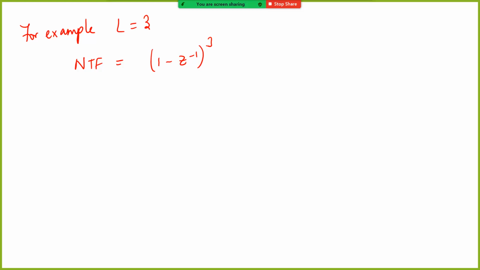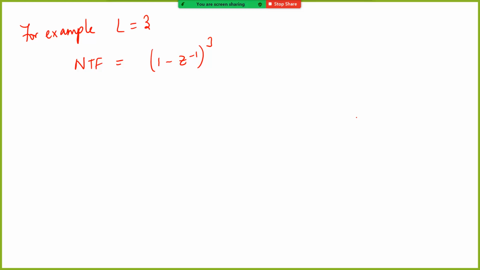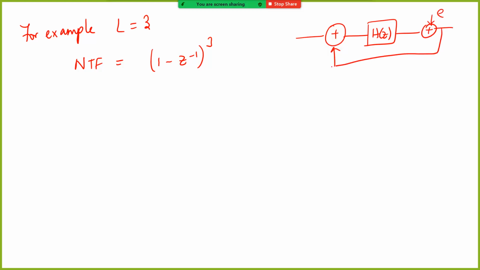Let's say in the absence of this K2, my original loop, correct? So let's say this is my loop before I modeled it. How will I write this thing?